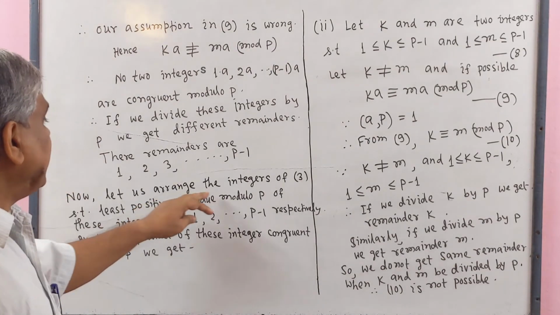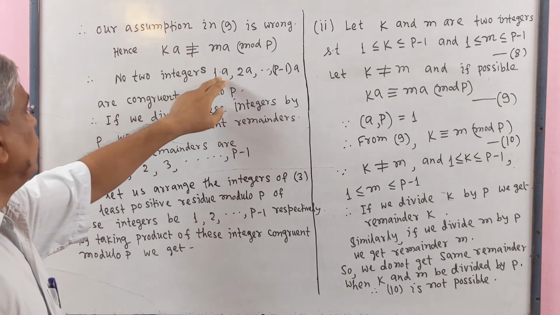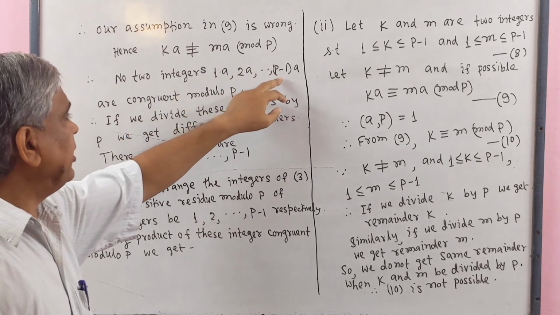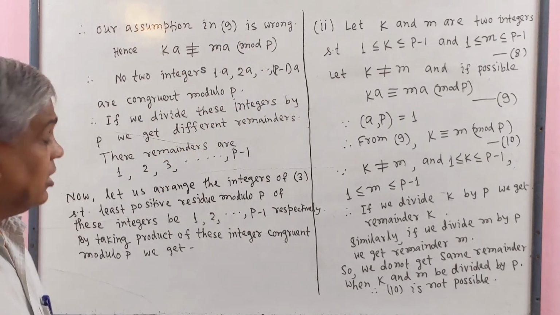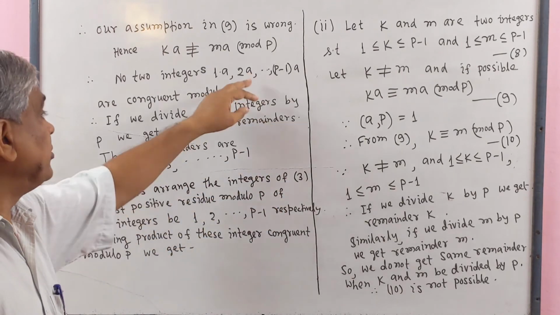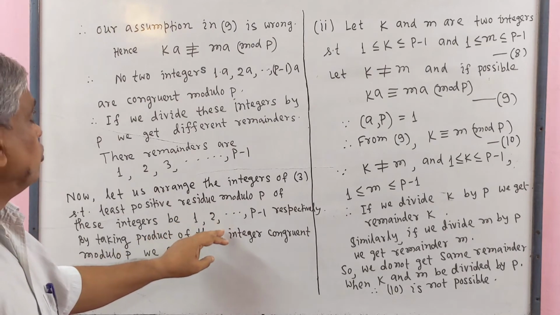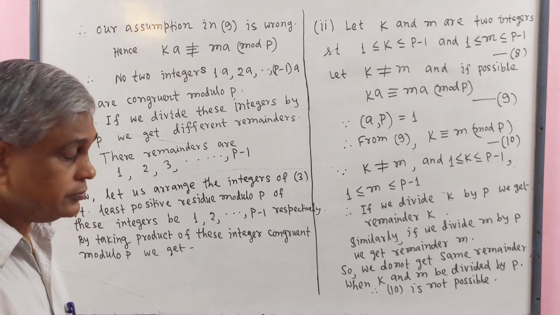Now let us arrange the integers of 3. Integers of 3 be 1 multiply a, 2 multiply a, ..., p minus 1 multiply a, such that the least positive residue modulo p of these integers be 1, 2, ..., p minus 1 respectively.